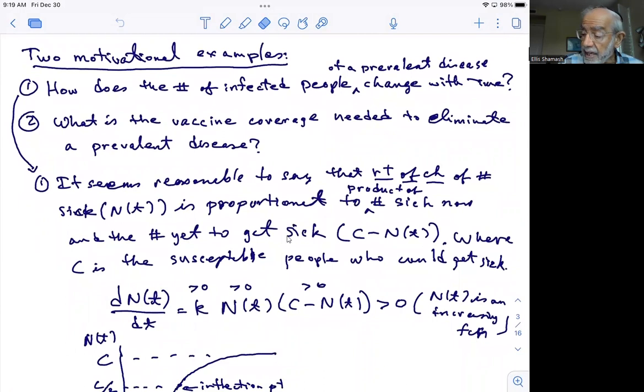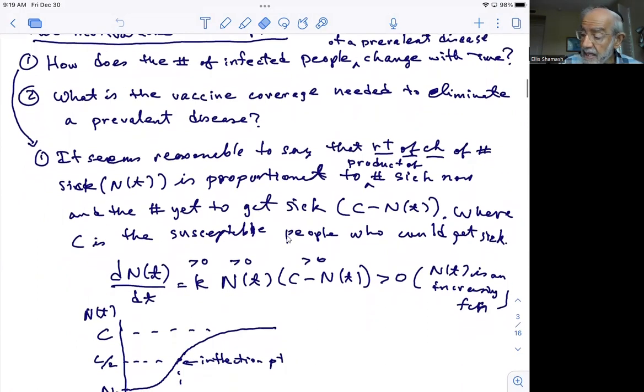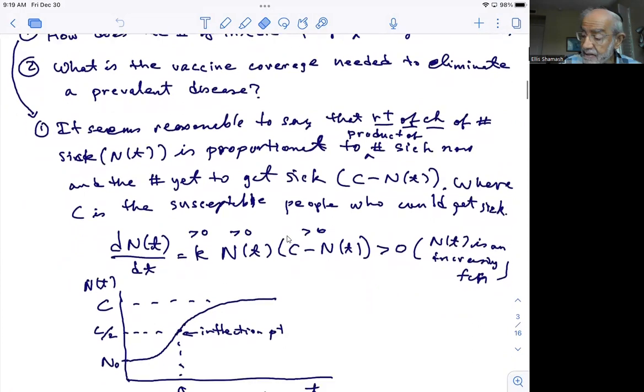It seems reasonable to say that the rate of change of the number sick is going to be proportional to the product of the number sick now, an N of t number, and the number yet to get sick, C minus N, where C is the susceptible people who could get this disease.